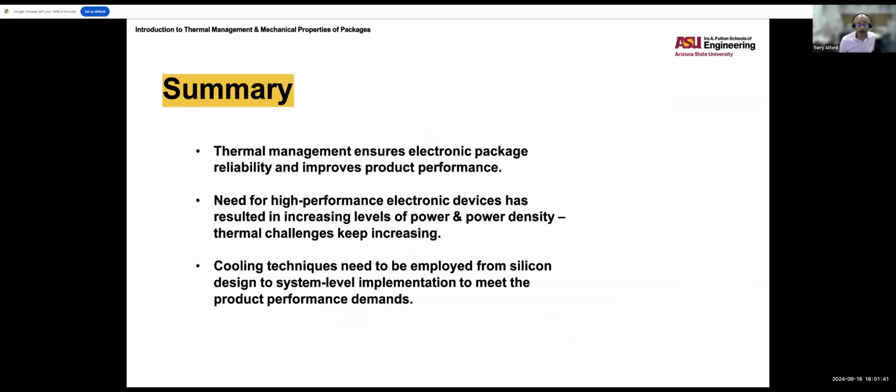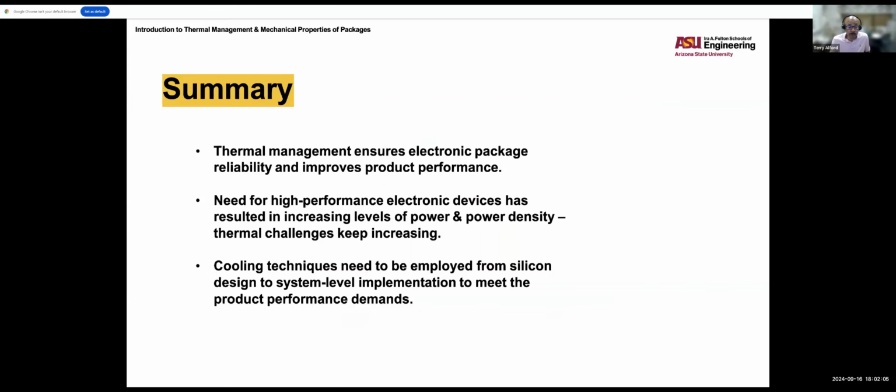Okay? So from a management standpoint, first and foremost, we want to handle the heat in such a way that we still maintain very reliable performance. We want the part to work in an optimized manner, but in a safe manner. Okay?